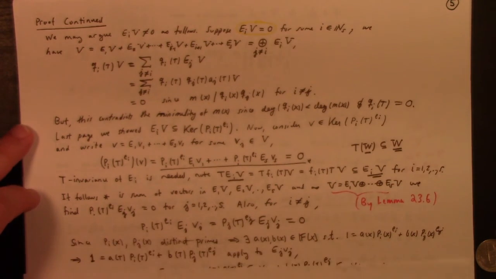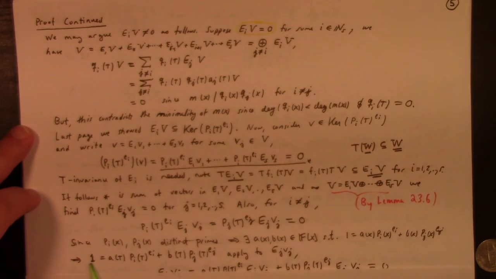The reason for that, in part, is because if i is not equal to j, then these are distinct primes, which means they're relatively prime, there's no common factor except for a unit. So there exist polynomials a(x) and b(x) such that 1 is equal to a(x) times the ith prime power plus b(x) times the jth prime power.